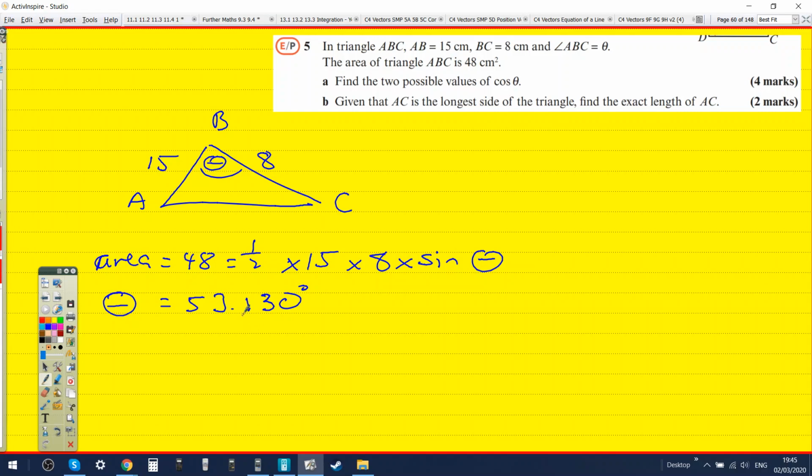And then do I just need to do cos of that? Yeah. And so it says the answer is 3/5. Great. I like that.